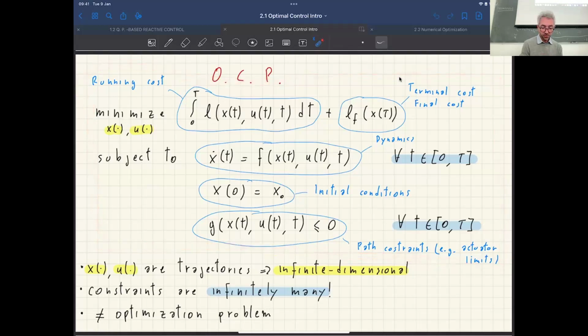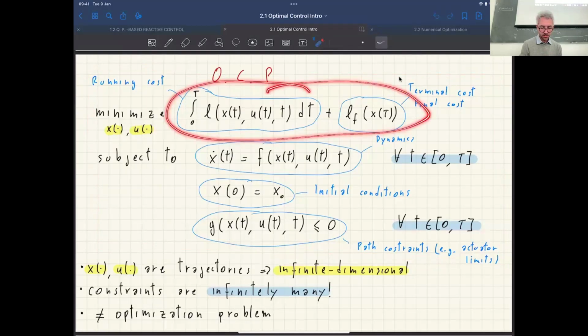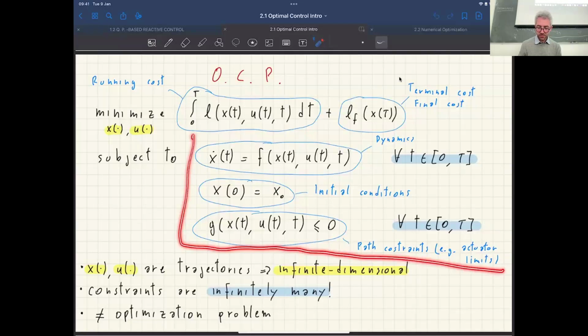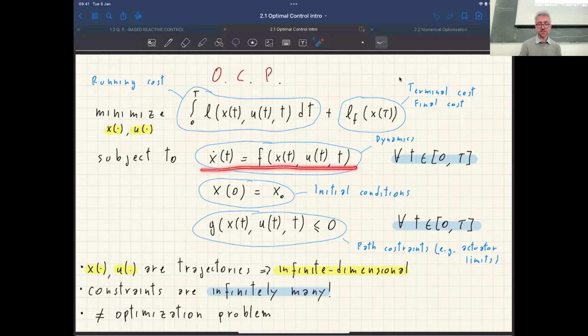You have a cost function here that you want to minimize. These are your decision variables, X and U, so the state trajectory and the control trajectory. And then here you have a bunch of constraints. The first constraint represents the dynamics of the system, the so-called equations of motion. And that typically comes in the form of a differential equation, x dot equals f of x, u, t.